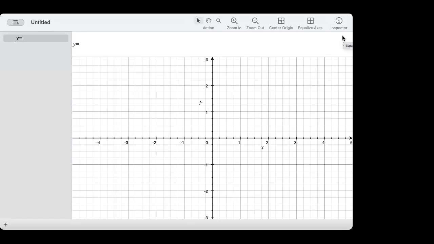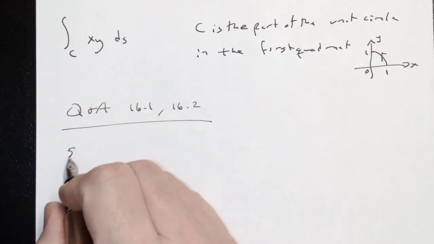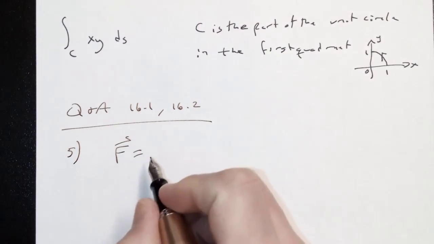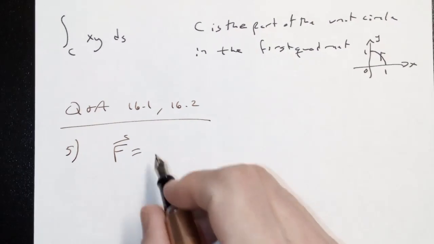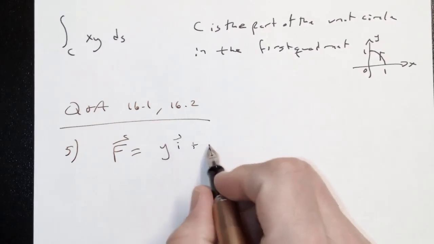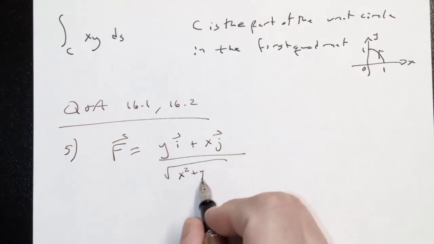For 5, I need to go back to my video for a second so I can actually write this out properly. Number 5 says that my vector field is yi plus xj over the square root of x squared plus y squared.